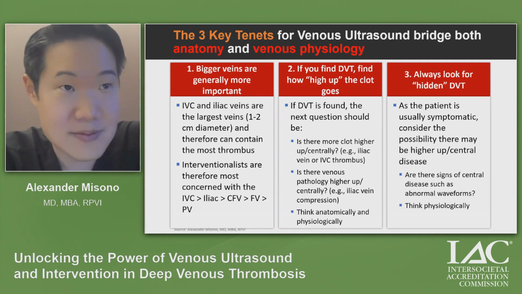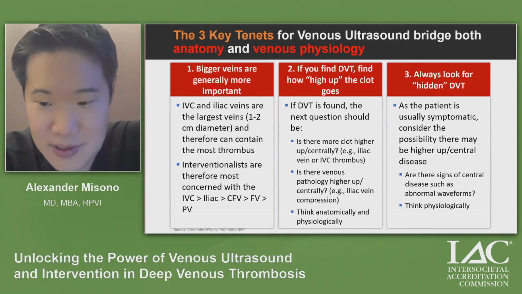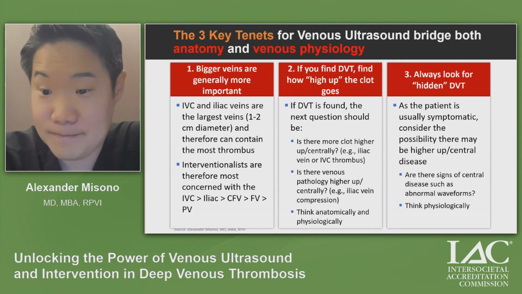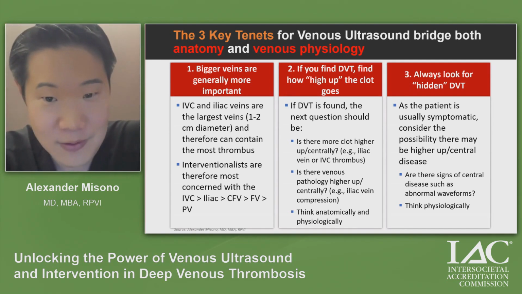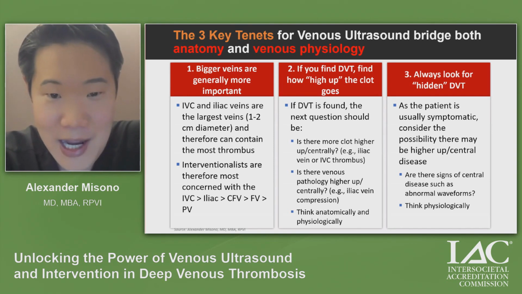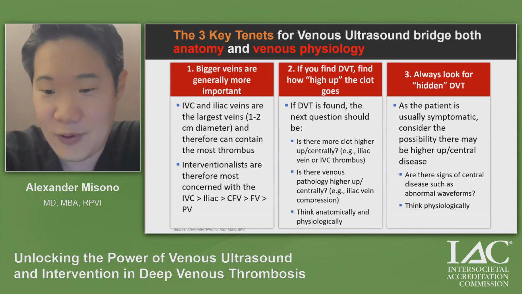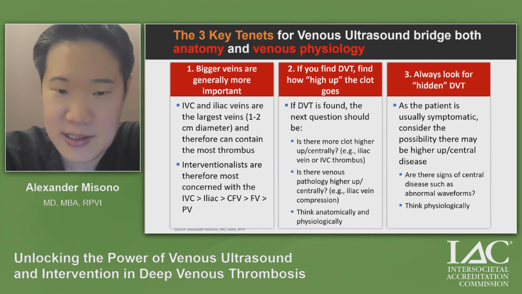If there are symptoms that are incongruent with the findings that you have, look more carefully. If there is right lower extremity thrombus and you don't know how high up that clot goes, look more carefully at the waveforms in the left leg, even if that leg is free of DVT. So always look for that hidden DVT.